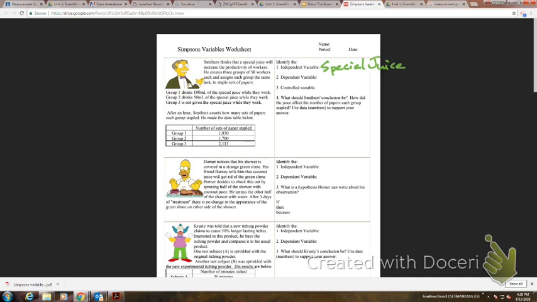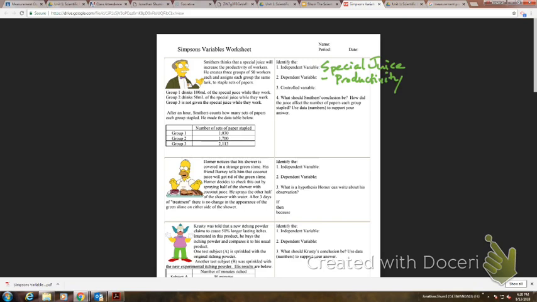And what is he hoping that by giving them special juice, what is the result that he's hoping for? Or what depends on the special juice? Well, he's seeing if productivity will increase. So he's looking for productivity.